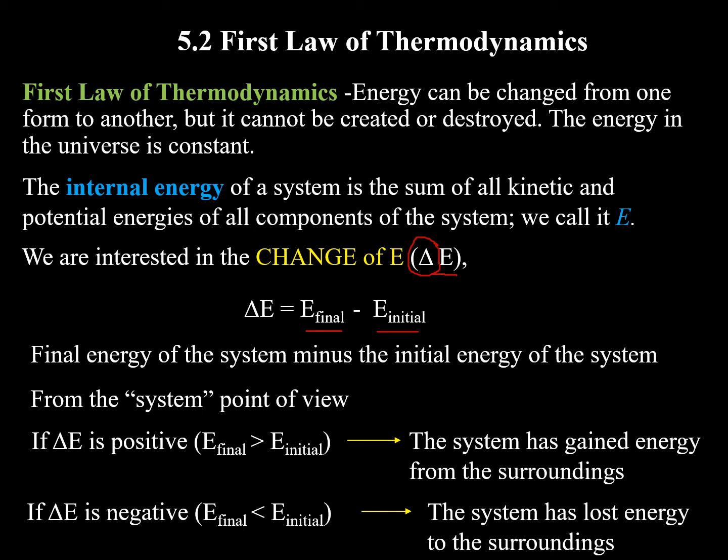If the E final is greater than the E initial, we say the system has gained energy from the surroundings. And conversely, if the value of delta E is negative, meaning that the initial value is greater than the final value, the system has lost energy to the surroundings.